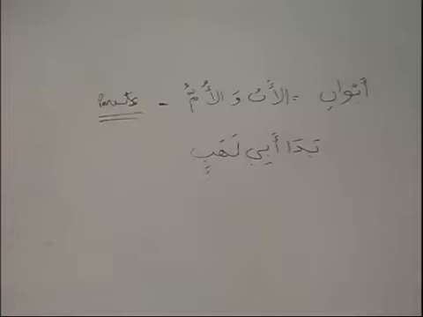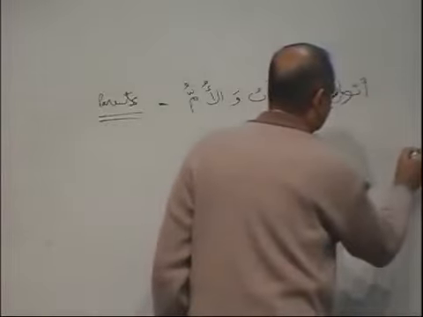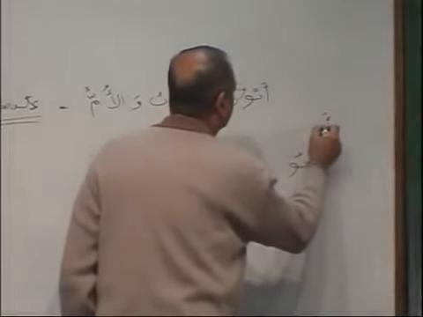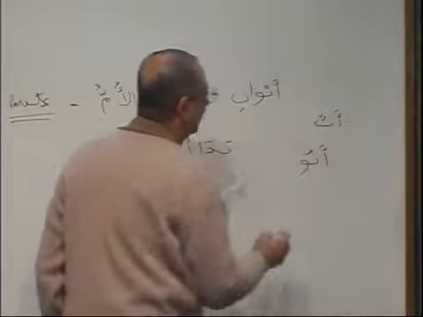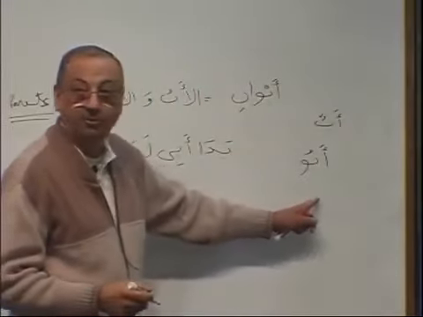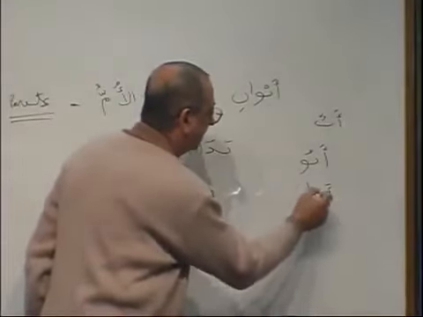When you say Abu on its own, then there is no waw or alif or ya. Okay? Remember? You say Abun. But when you make it mudaf, it will become Abu. This is marfu. And this is mansub.